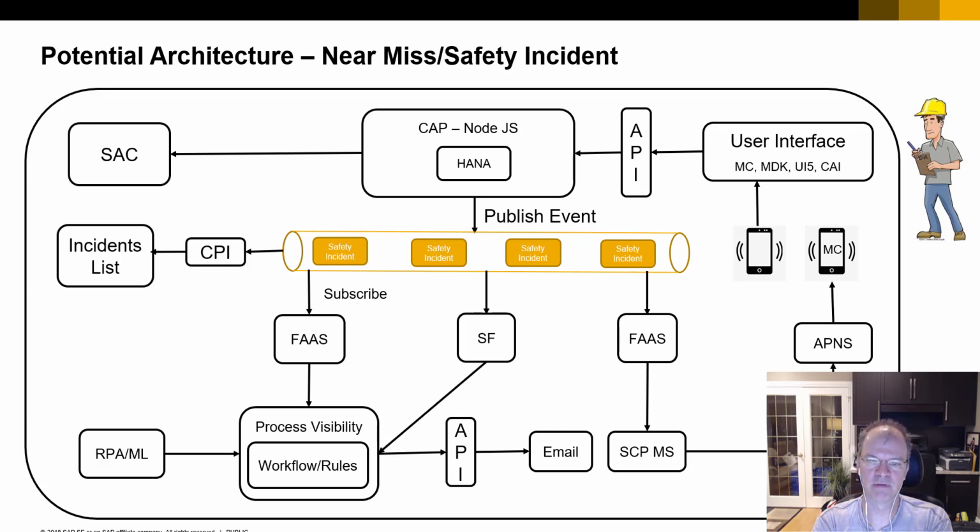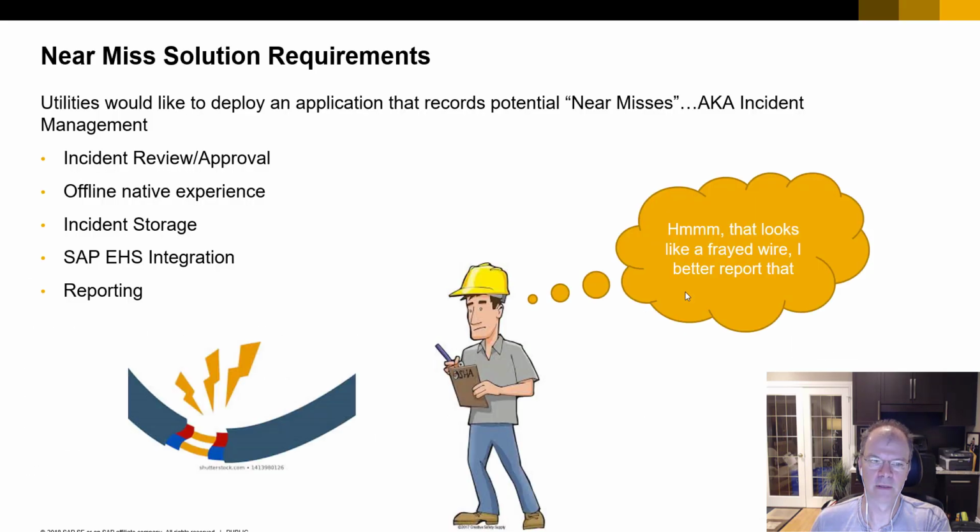So what you see before you is an end-to-end architecture for building out an incident management application. So the idea is, how would we build a small application for recording incidents? You see a pothole, you see a frayed wire, you see a broken light. How would you report that?